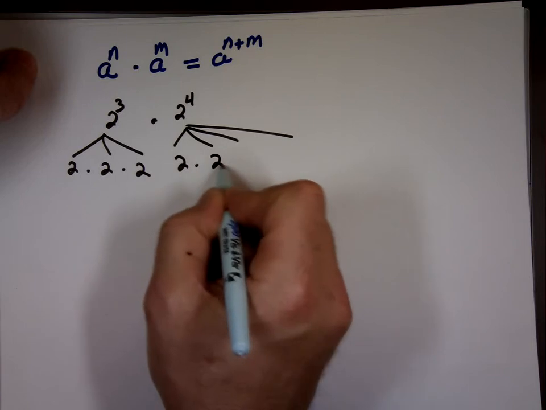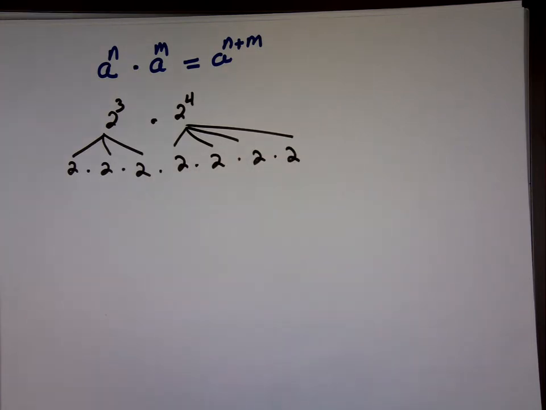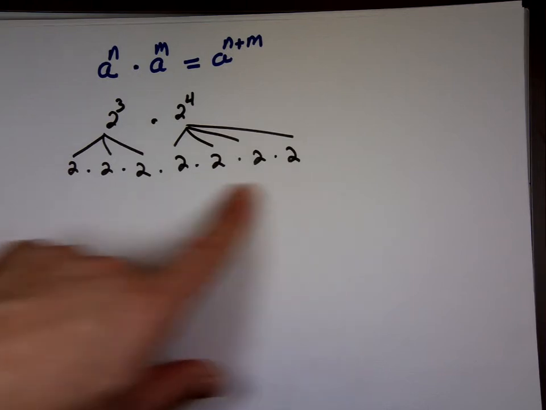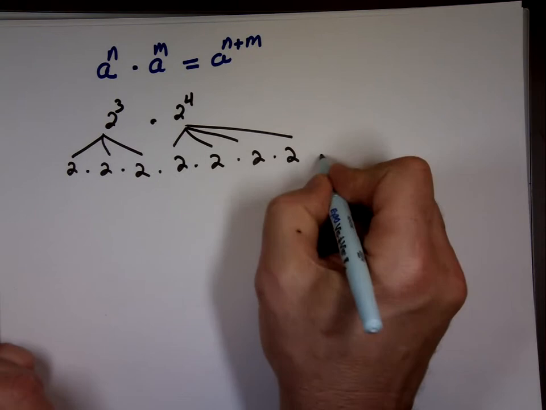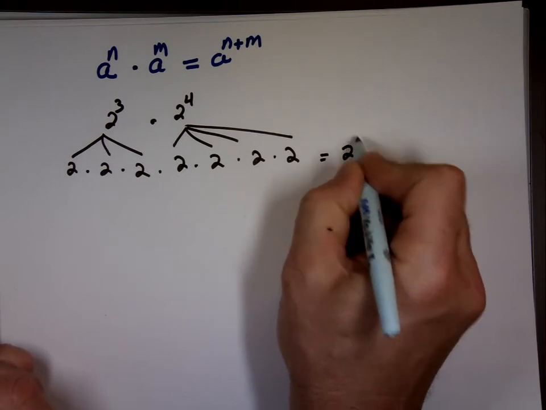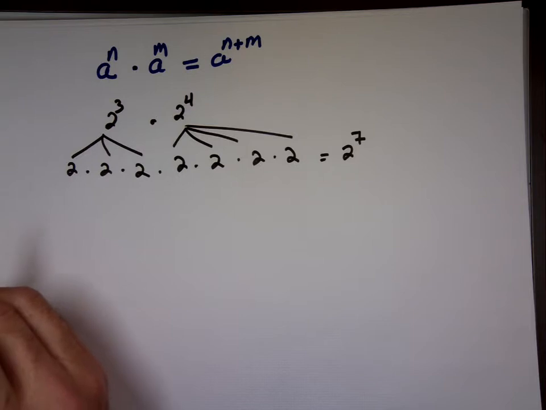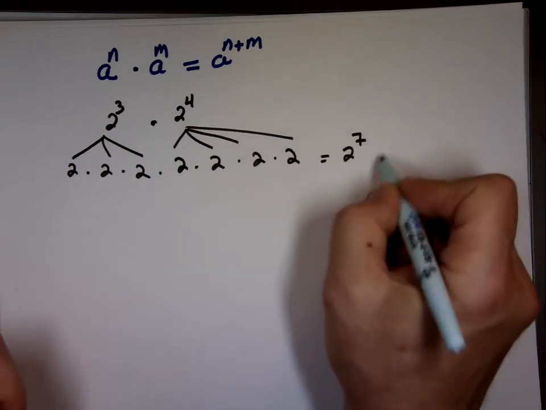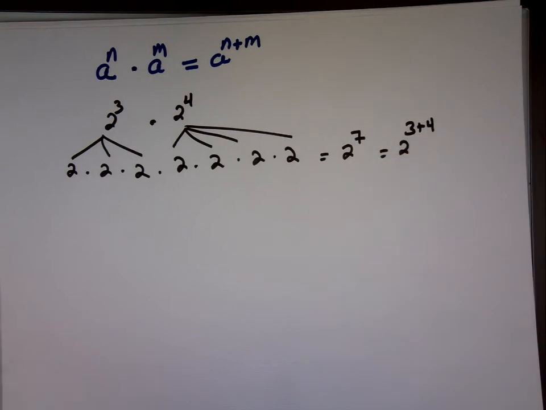How many 2's? 4. And you're multiplying them. So let's count how many 2's we have here. 1, 2, 3, 4, 5, 6, 7. That's 2 to the 7th. And the only way to get 7 is you add the 3 to the 4, and that's where the 7 came from.